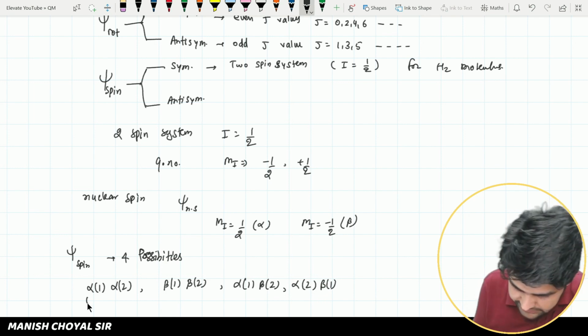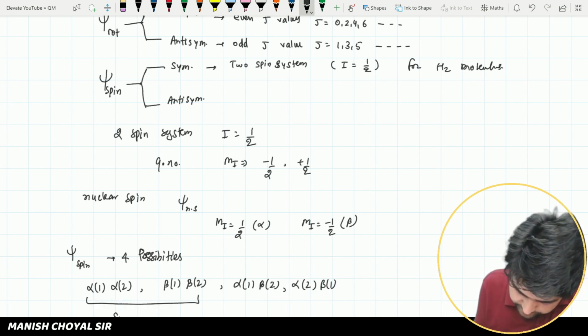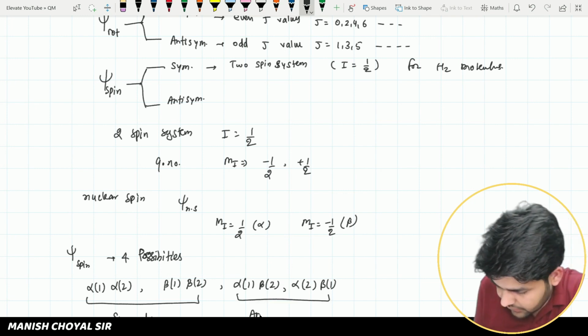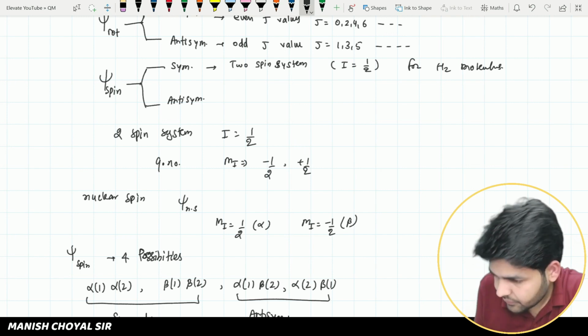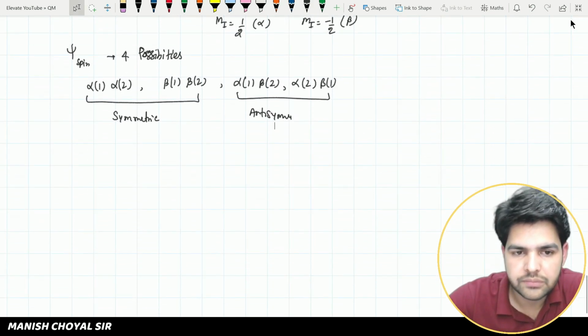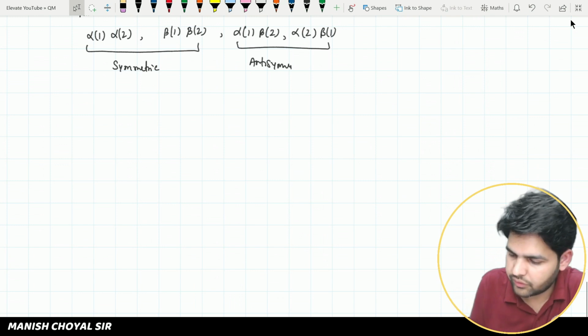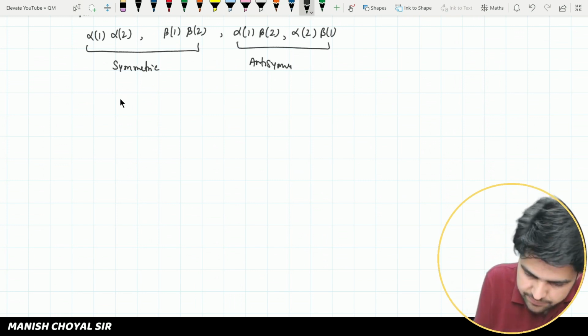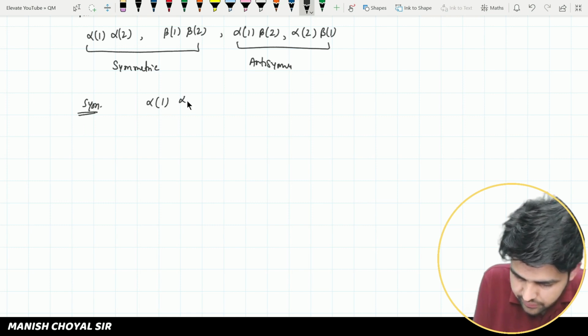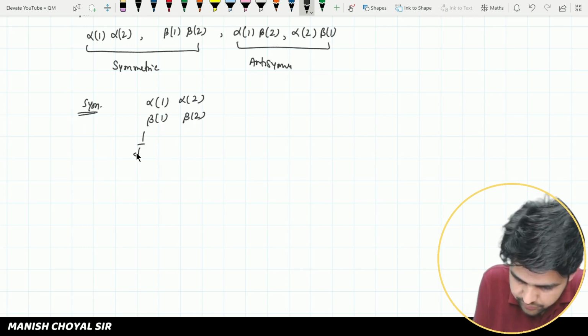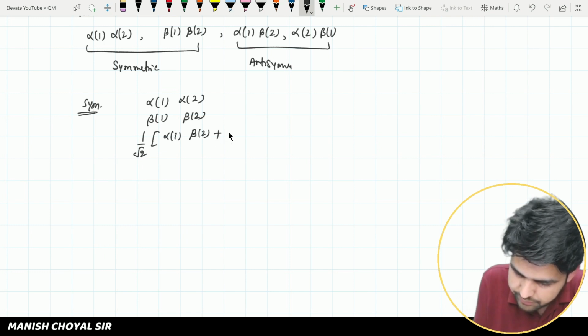Okay, so these are for symmetric and these are for antisymmetric. For the symmetric case: alpha 1 alpha 2, beta 1 beta 2, and 1 upon root 2 times alpha 1 beta 2 plus alpha 2 beta 1.